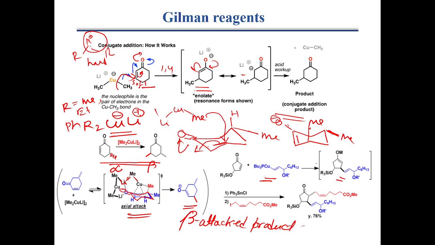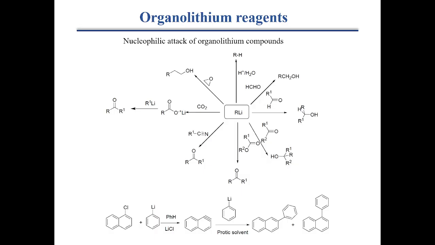And now this was trapped by this, after this metal lithium is formed, and then it will be trapped by this reagent. Then we are getting this product. This is another example. So this Gilman reagent is very important, and the stereochemistry of the reaction is also important.